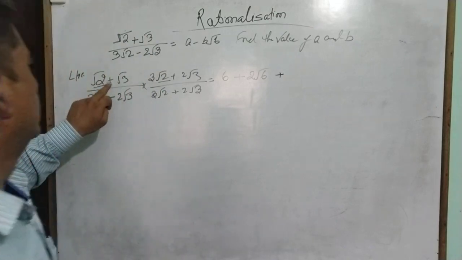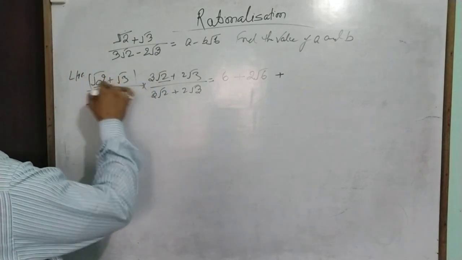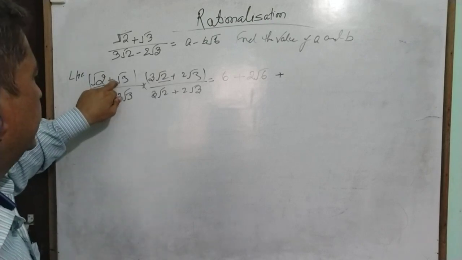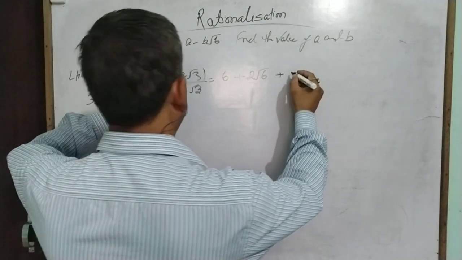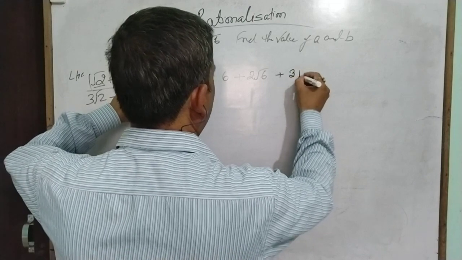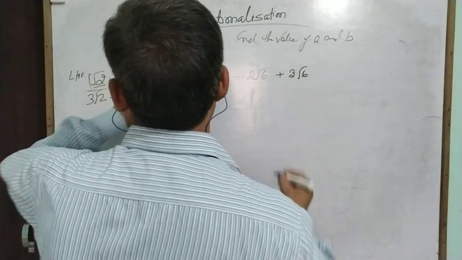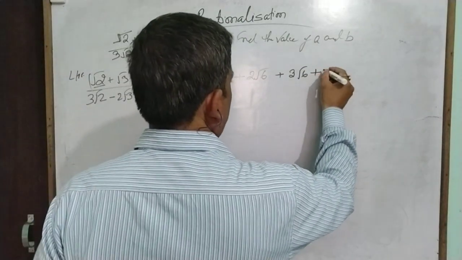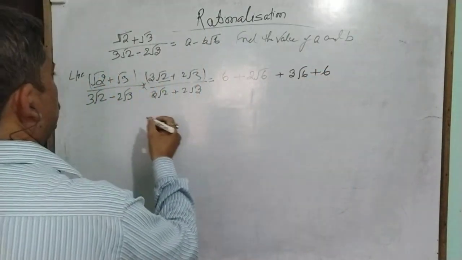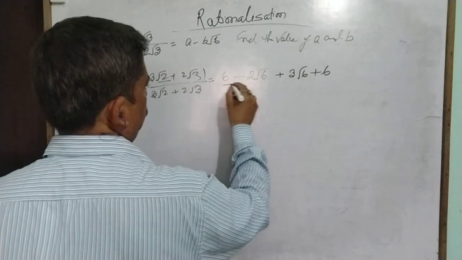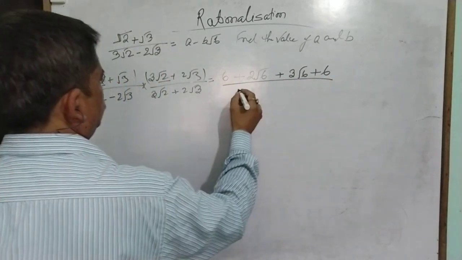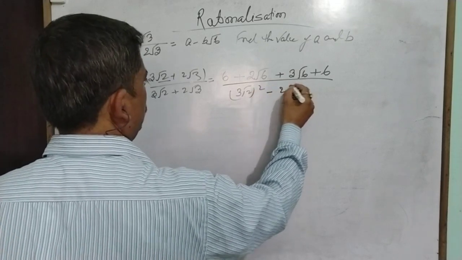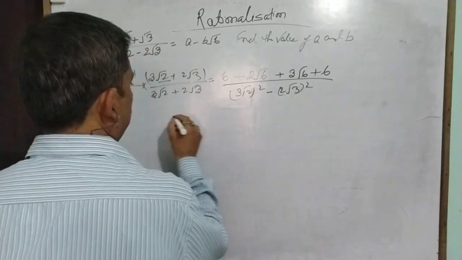Plus, again we multiply: √3 into 2√3 gives 2√6... again √3 into √3 equals 3, 2 into 3 is equal to 6, divided by (3√2) whole square minus (2√3) whole square.